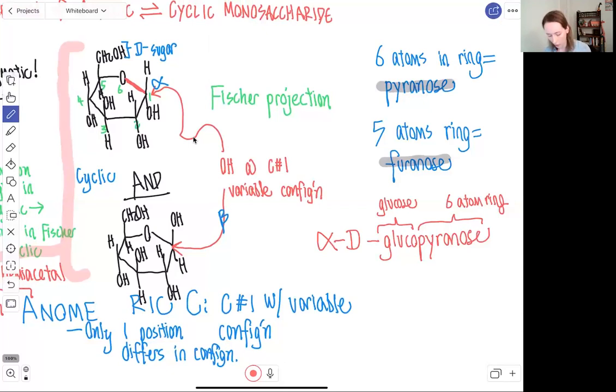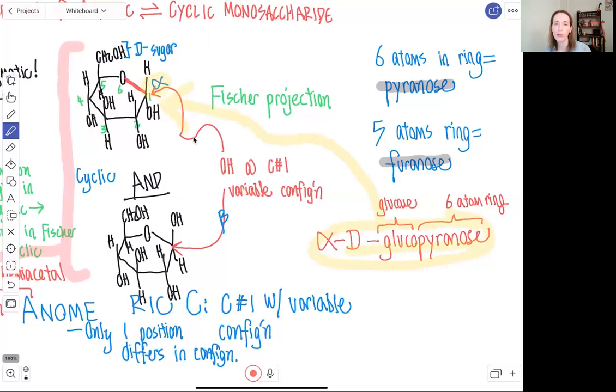So alpha-D-glucopyranose would be the name that we could use to refer here to the structure up top. We could use that because we said that was the alpha configuration. We drew that based on the open chain form of D-glucose, so the D-gluco part is going to work out, and then the pyranose refers to the fact that there's 6 atoms in the ring there.